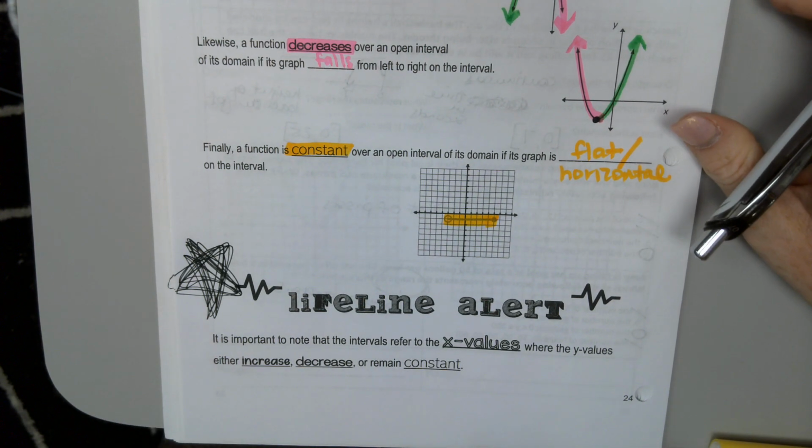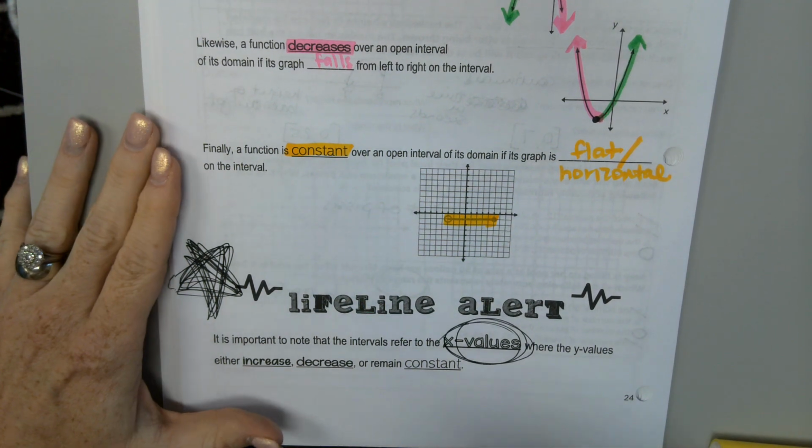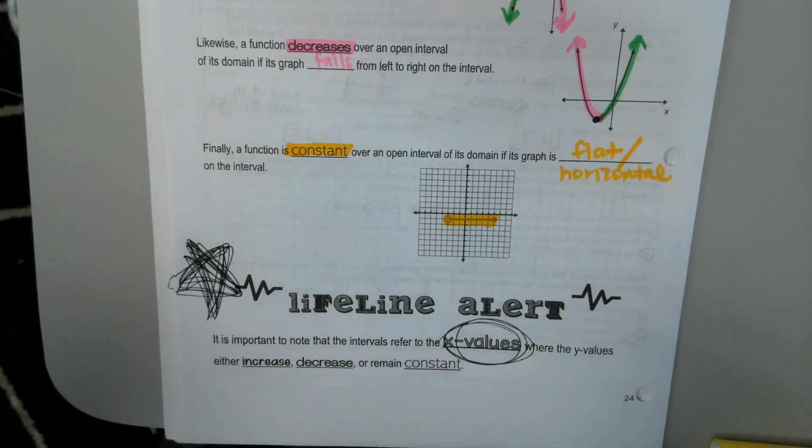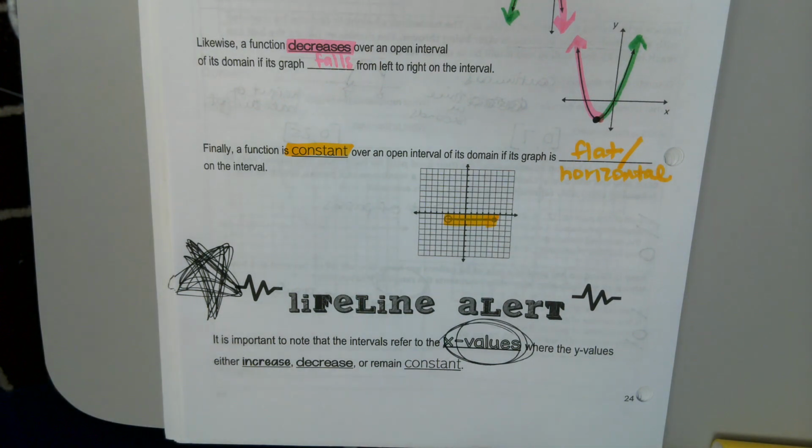It is important to note that my intervals refer to my x values. So I write my intervals according to the x values. We are looking at what's happening to the y's. Are they going up? Are they going down? But the whole time, I'm moving from left to right, yes?